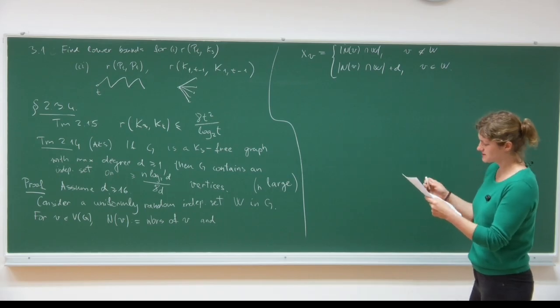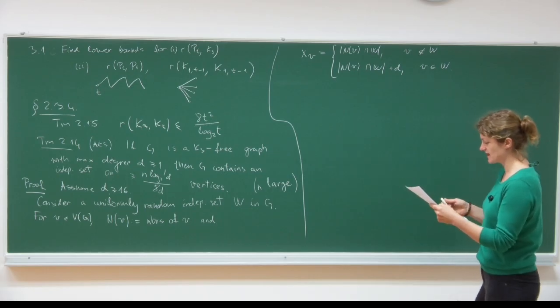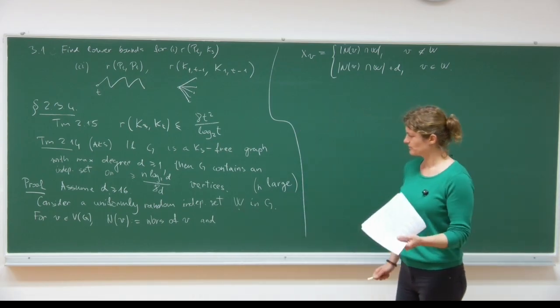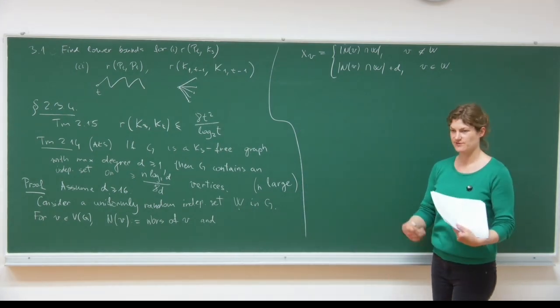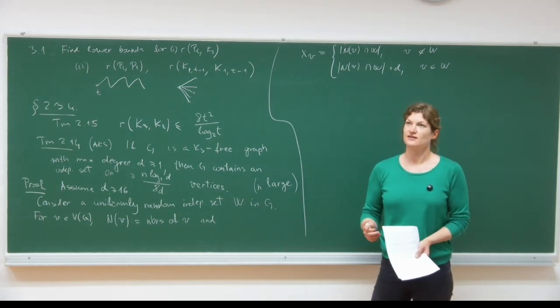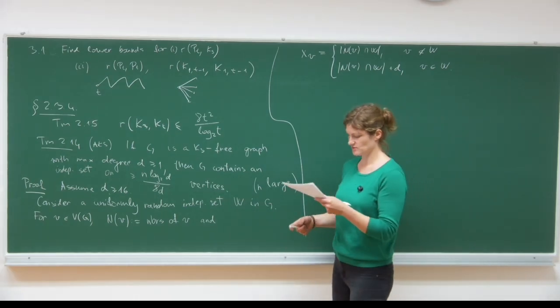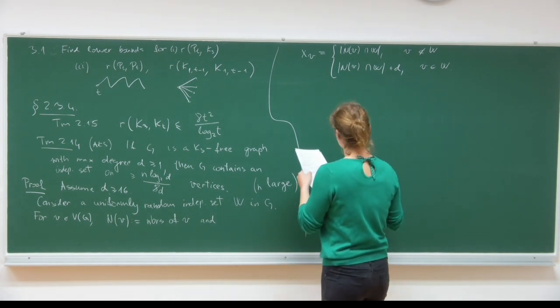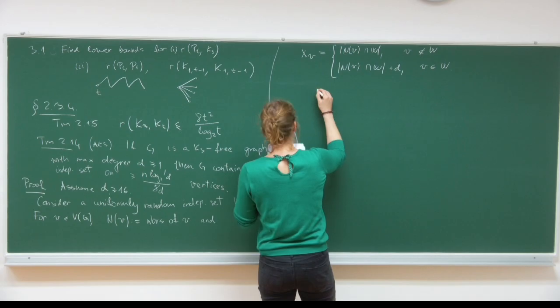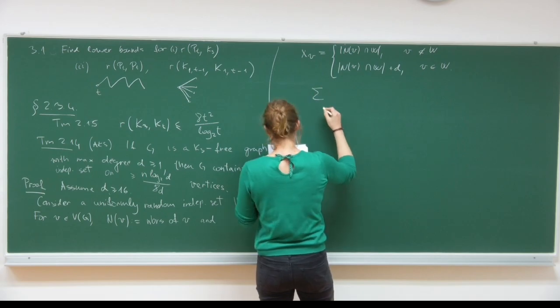So as usual, the aim is to get a lower bound on the expected size of W, because if we get a lower bound on the expected size of W, then there exists an independent set of the desired size, and we'll relate these xv's to the size of the independent set.